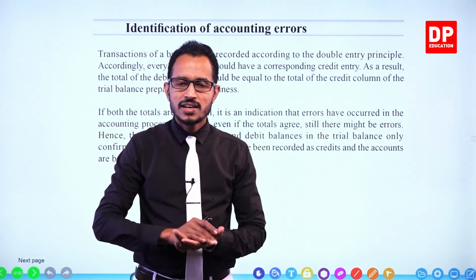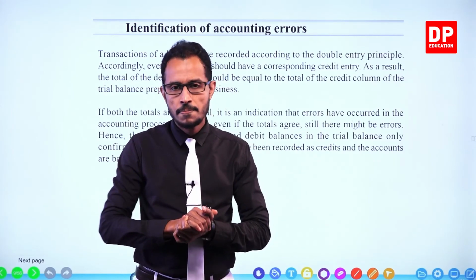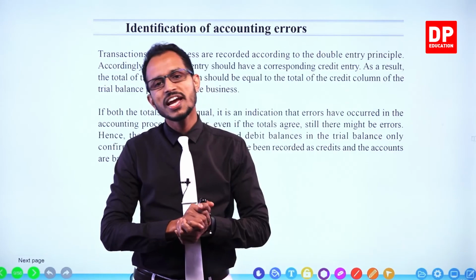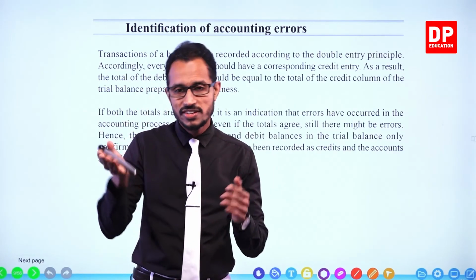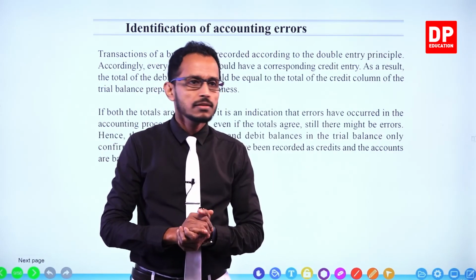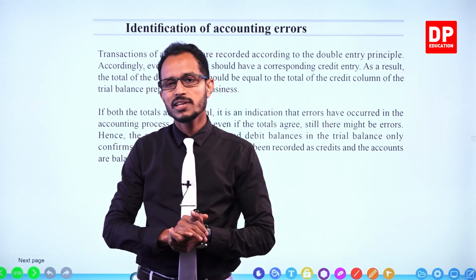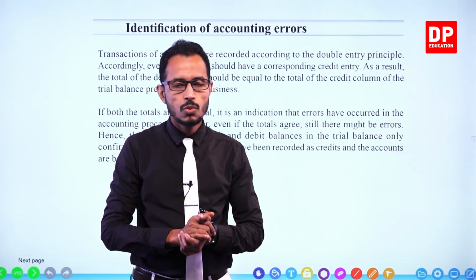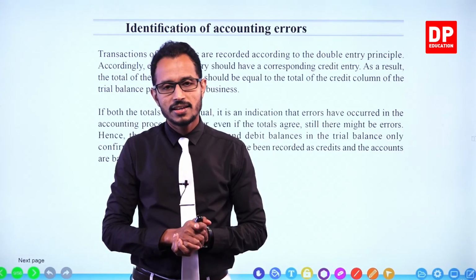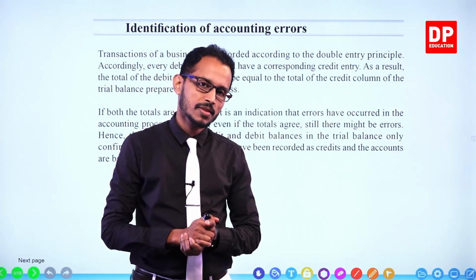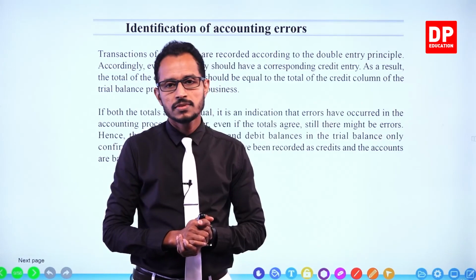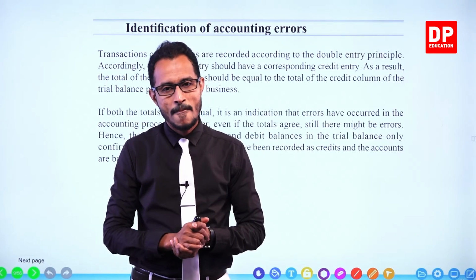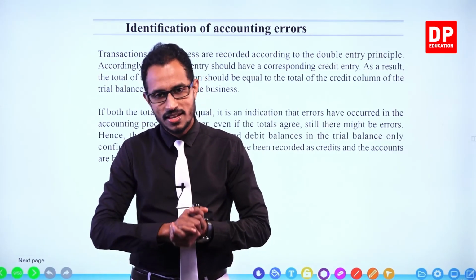For now, the introduction to the lesson is done, and we identified the occasions where errors could occur. We reminded ourselves of the bookkeeping process, and we'll take accounting errors one by one, identify them, and blow them off. We'll learn how to correct them.